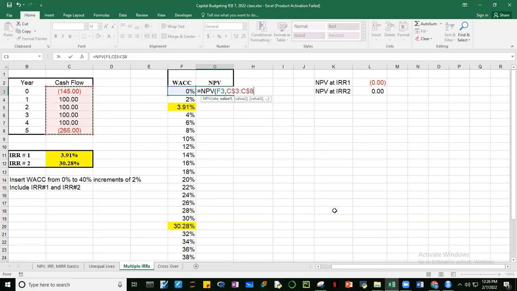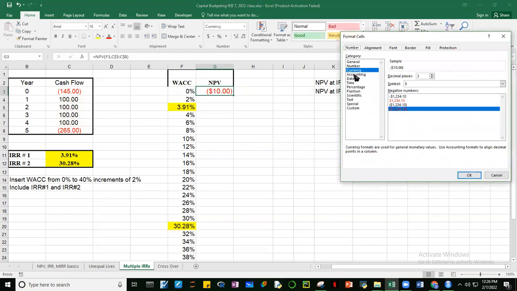If you can fix the row, kasi kakopy natin ito pababa. So you don't need to fix the column. And then, okay. Ayun na yan, no? So rate and then the values. Okay, control enter. Tanggalin natin dollar.